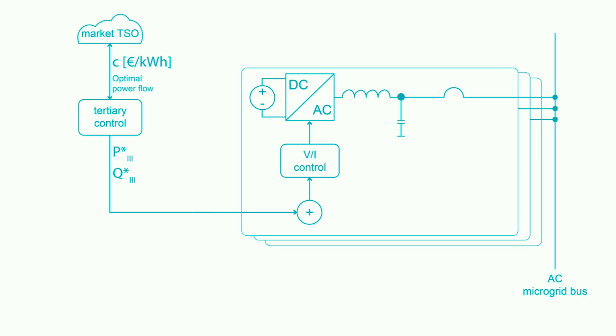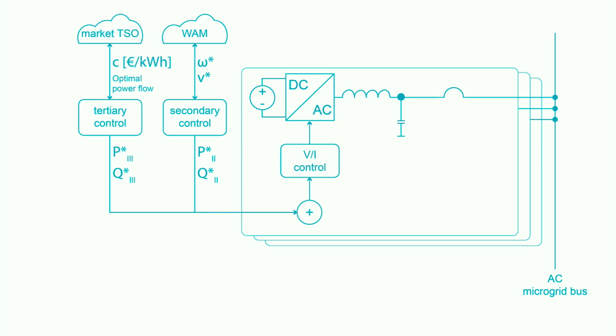For example, it is possible to determine if it is more economically beneficial to sell power to the main grid or to store it. On an intermediate level, secondary control adjusts the active and reactive power set points. This fast and accurate control has the aim of detecting and counteracting grid instabilities.